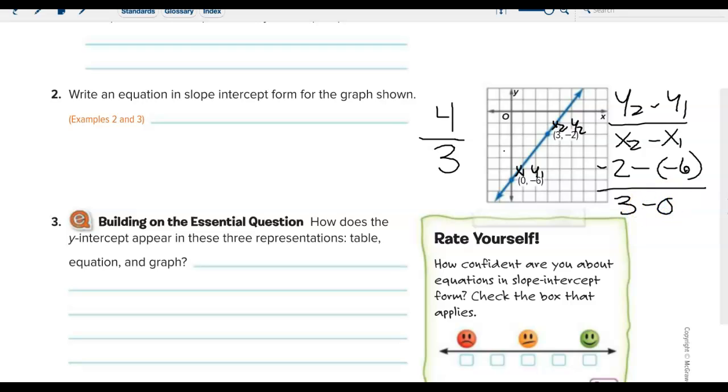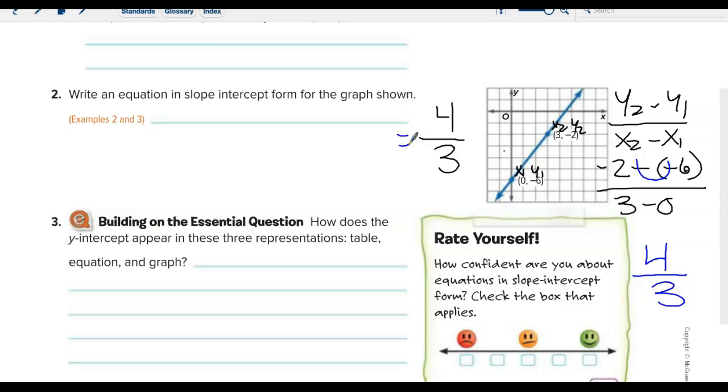So if I have negative 2 and I add 6, where are you at? 8? No, 4 over 3. Did we get the same thing? Yes. Okay, so either way will work to get slope. So I have 4/3 is my slope.